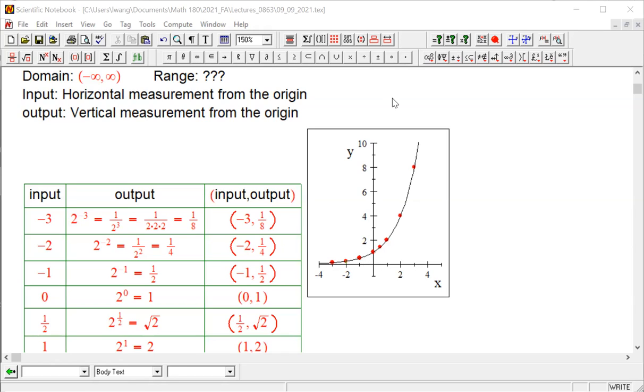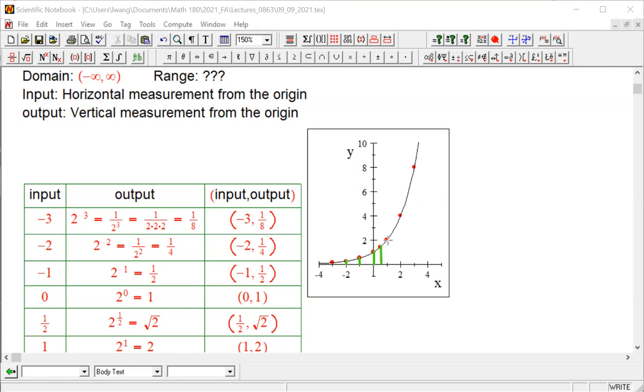Barely, right? So let me make it just a little thicker, okay? This is how high the output is. For input -1, the output is half. For input 0, the output is what? It is 1. For input half, the output is the square root of 2.